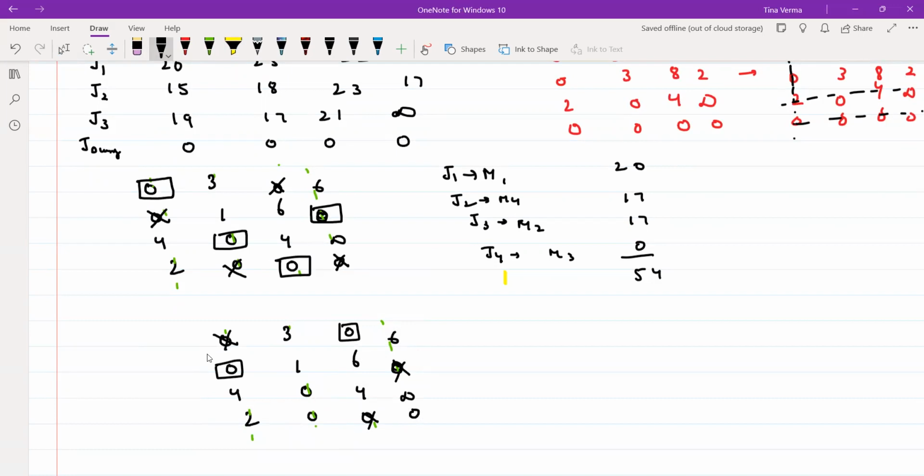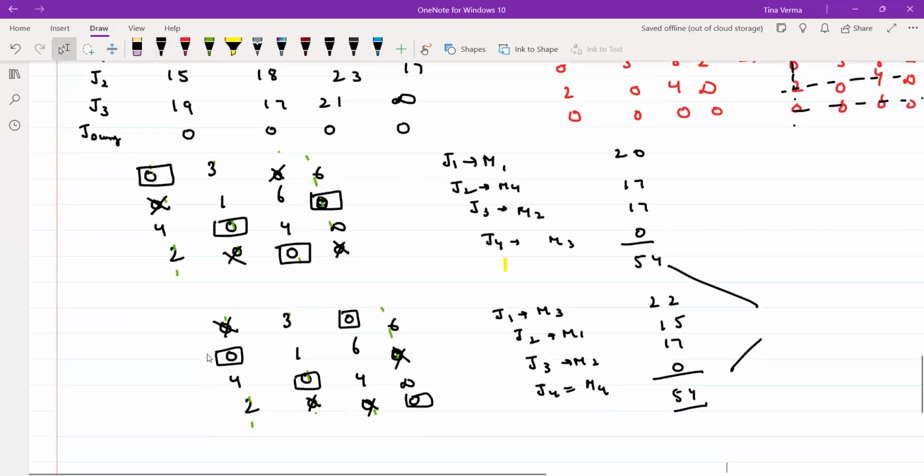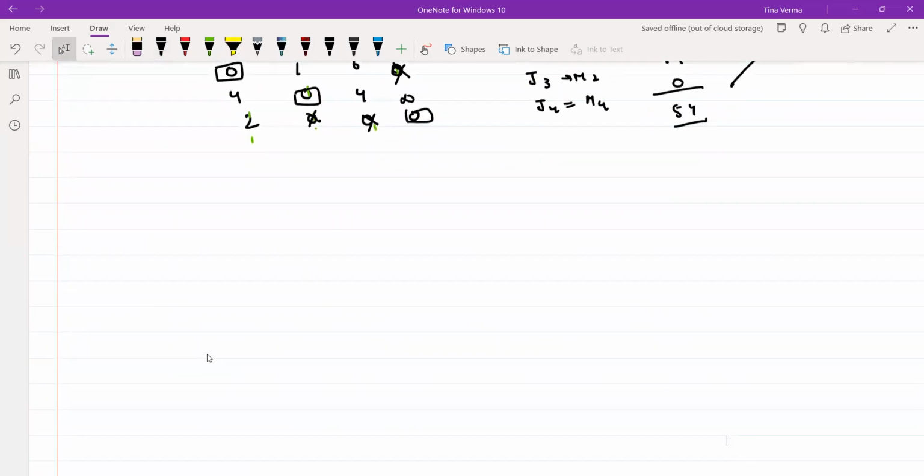And I am assigning this as the same, and this will be cancelled out like this. So here you have changed the assignment: J1 is your M3, J2 is your M1, J3 is your M2, and J4 is your M4. So even if you sum over the costs now, this is 22, 15, 17 and 0. If you sum over this, the same cost is coming. That means there is more than one optimal solution, right? So this was your second question.